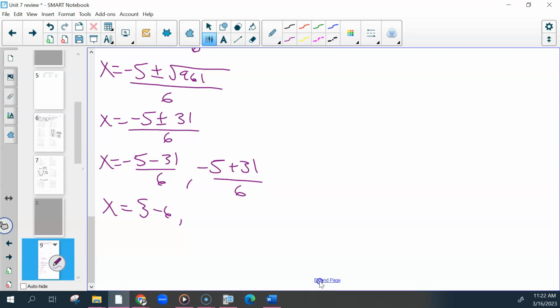What did you get before that? 26 over 6, which simplifies to 13 over 3. So if it's a repeating decimal, leave it as a fraction.